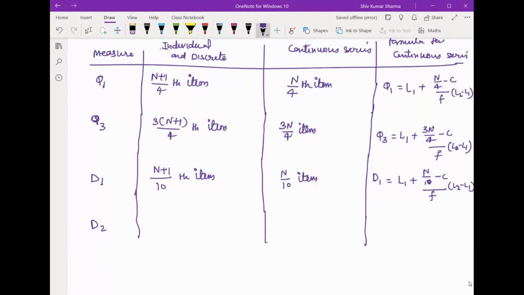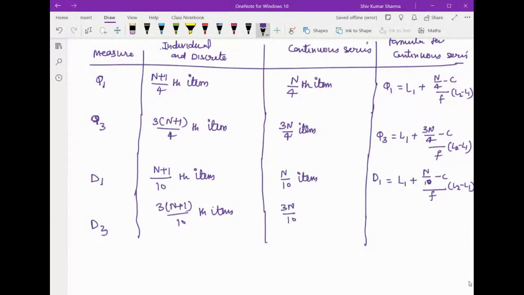And for D3, we write (3n plus 1) upon 10th item.